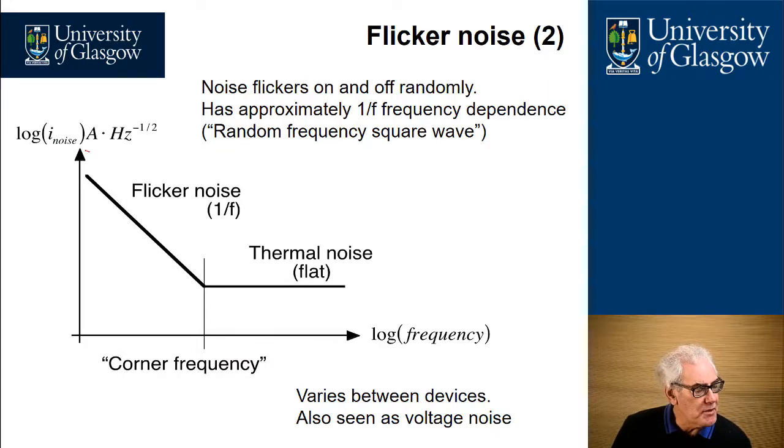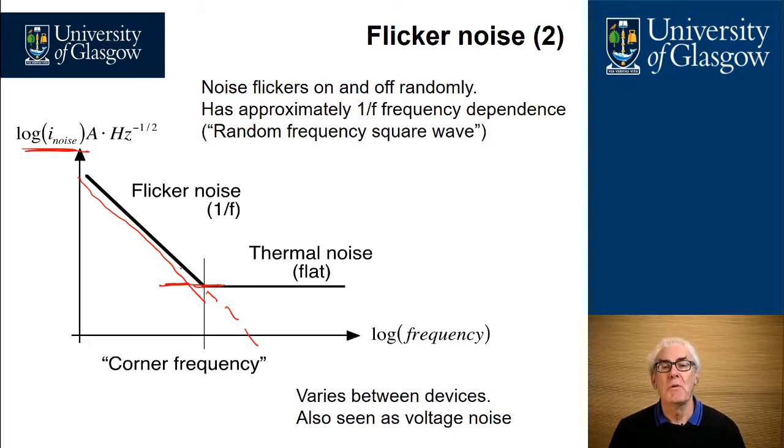So if we plot here the log of current noise in amps per root hertz, as we increase in frequency, the flicker noise decreases, and it would continue decreasing, except in real amplifiers it would cross the point of the thermal noise from the amplifier, and that would then take over as the dominant noise source in the amplifier.